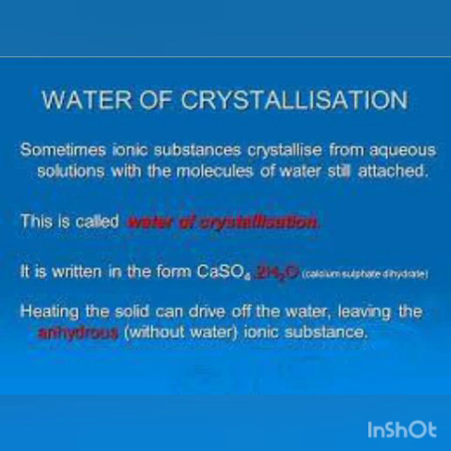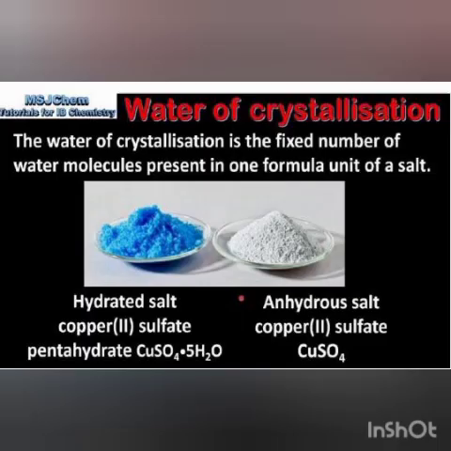What are hydrated ionic compounds? Hydrated ionic compounds means the compounds which contain water of crystallization. And what are anhydrous ionic compounds? Those which do not contain water of crystallization. Water of crystallization is actually the fixed number of water molecules present in one formula unit of a salt, like CuSO4.